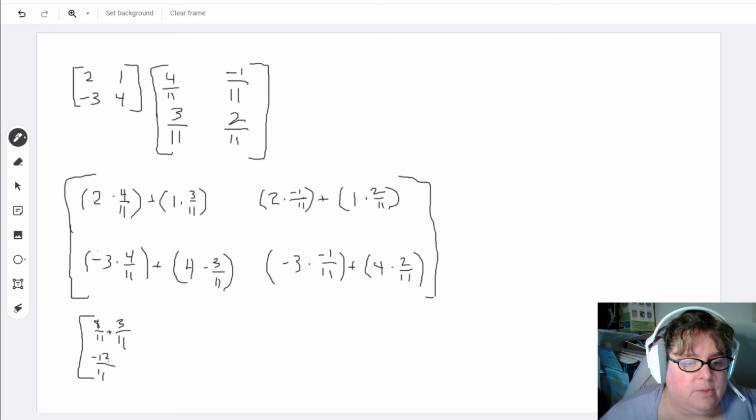Plus 3 times 4, and this is not a subtraction, that is a multiplication, is 12 over 11. And then we have 2 times a negative 1, so a negative 2 over 11 plus 2 over 11. 1 times 2. And then negative 3 times a negative 1 gives us 3 over 11.